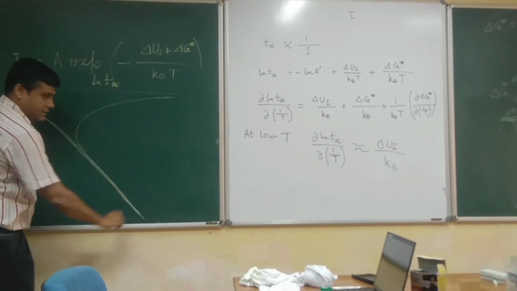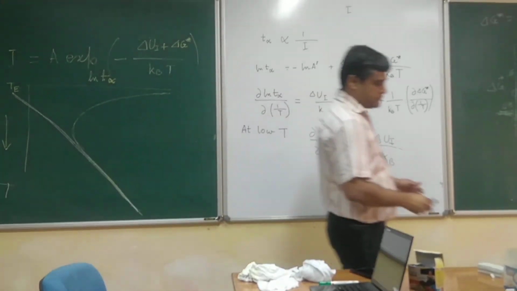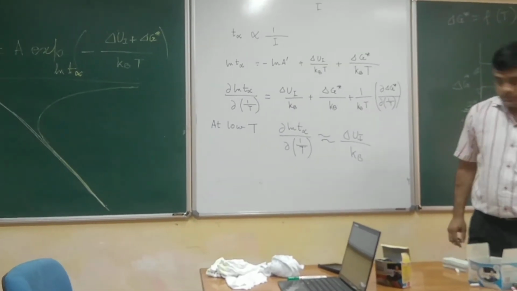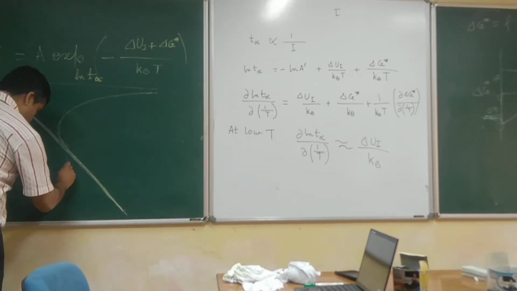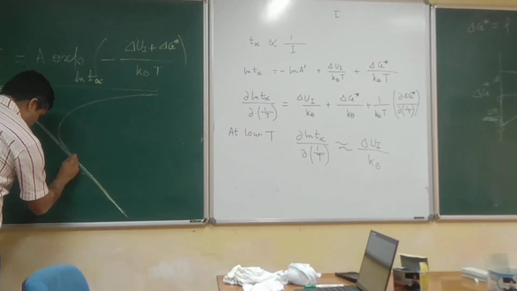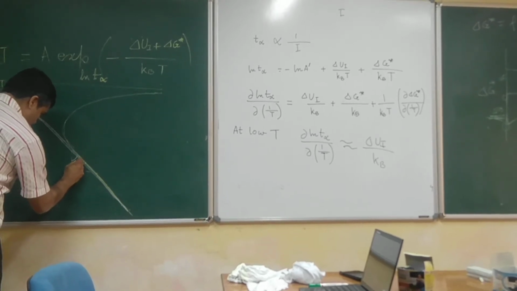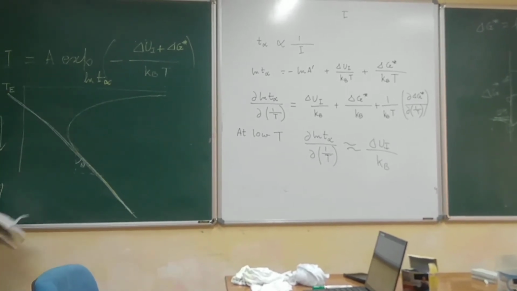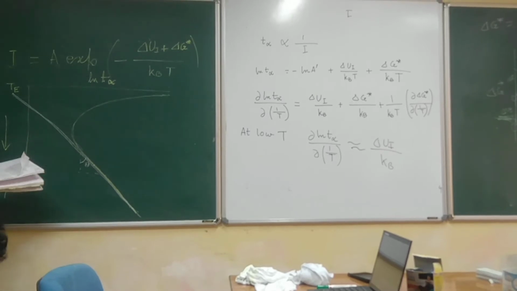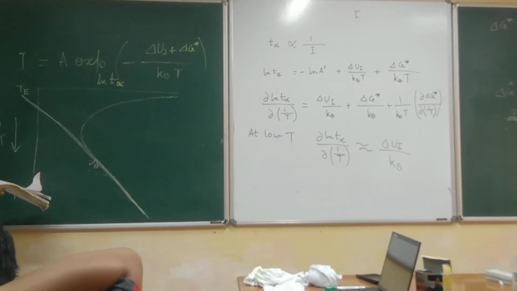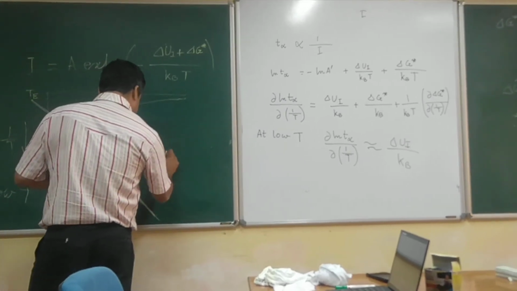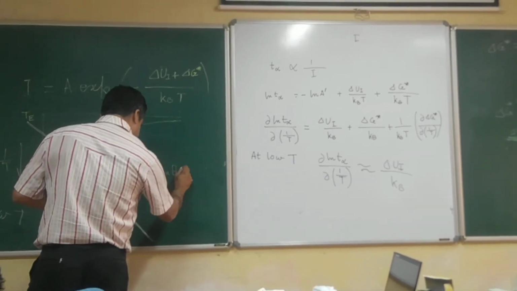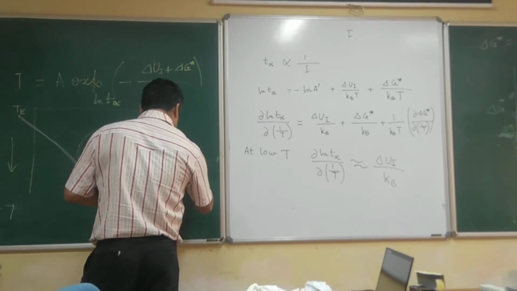If I could draw a straight line. So this slope at low temperature, the curve is linear with the slope tan theta equal to delta ui over kb.